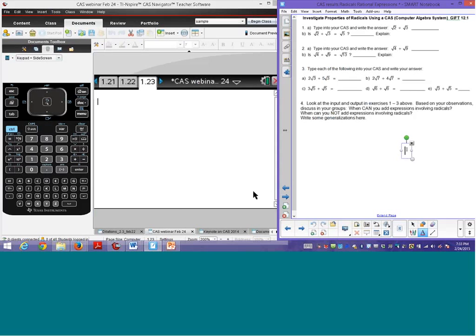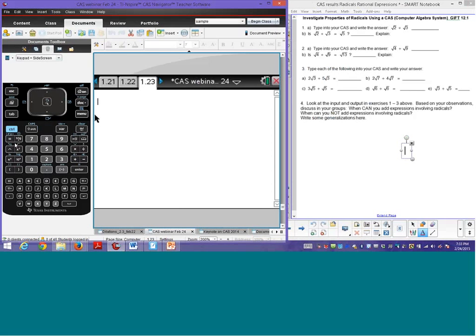So this is another worksheet, a gift, if you will, of what I had my students do. Again, we hadn't talked about radicals at all, and so the first thing it says, number 1, type into your computer algebra system and write the answer, radical 2 plus radical 3. So they would type in the square root of 2 plus the square root of 3, and so on.